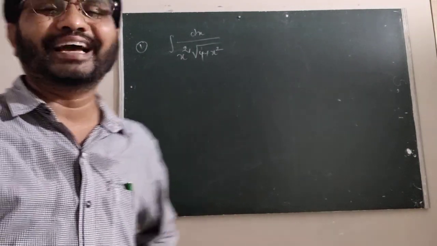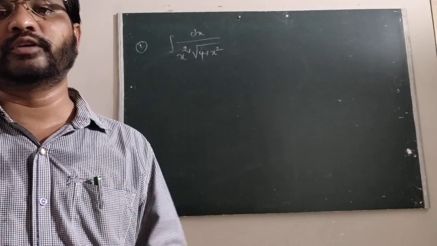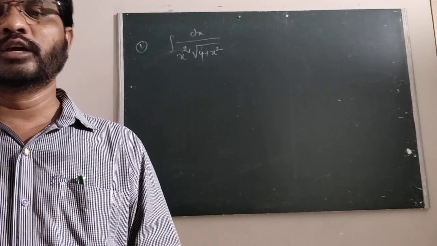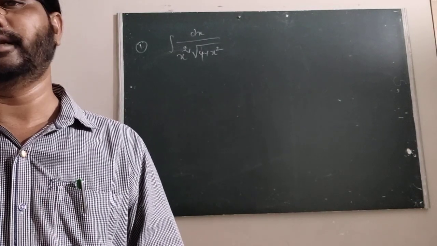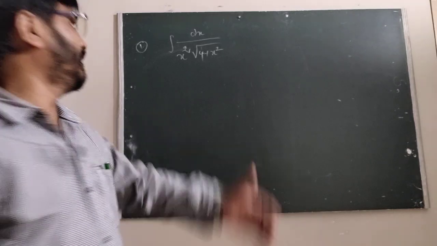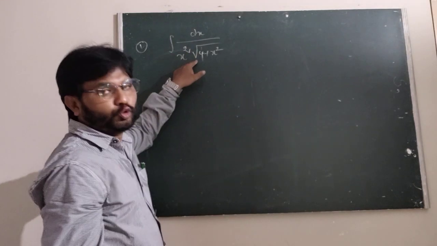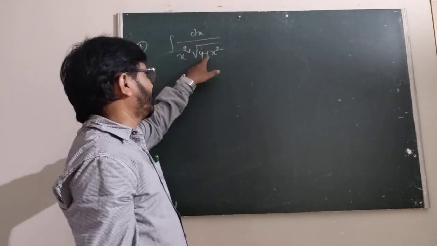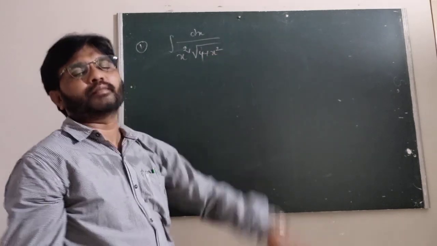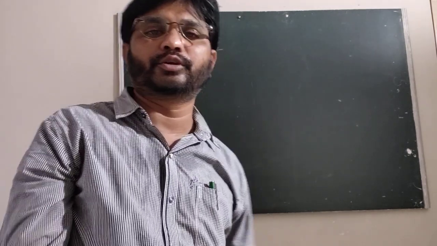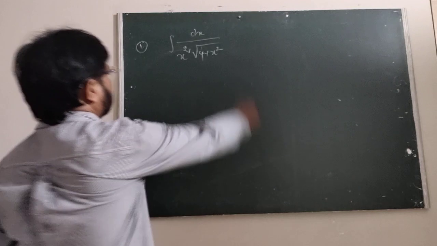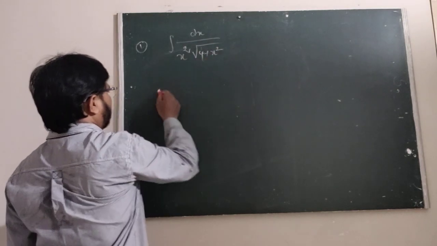Already we know how to evaluate integrals of the type 1 by x power n into (1 plus x power n) whole power minus 1 by n. We have to take the common x square in the denominator.